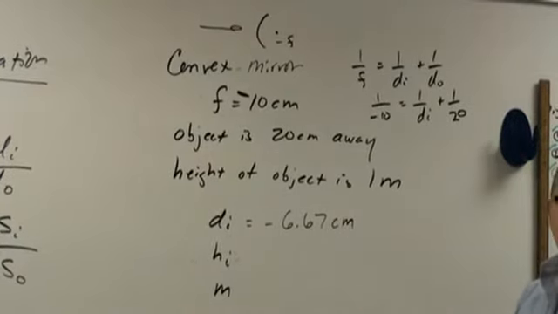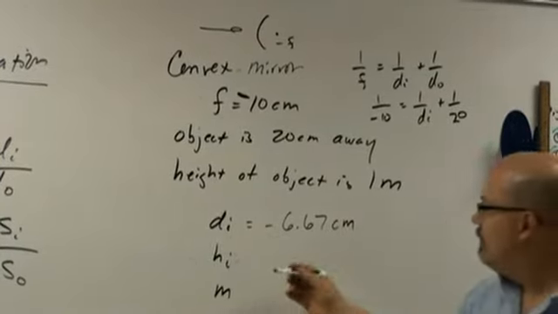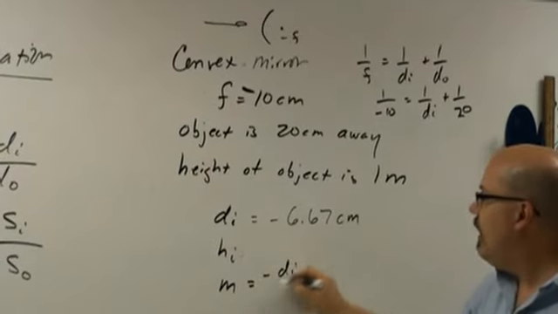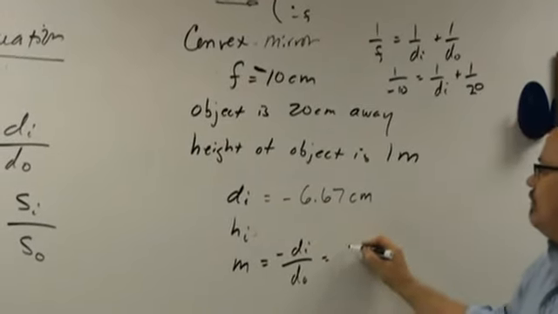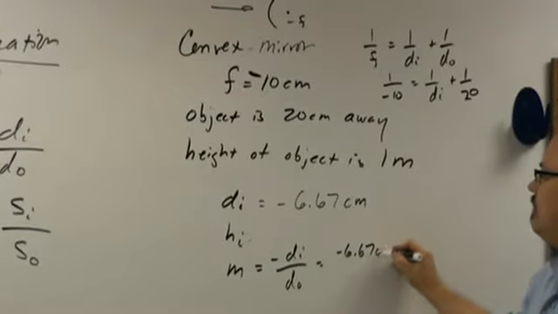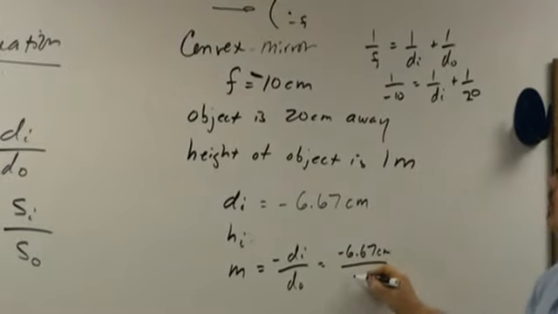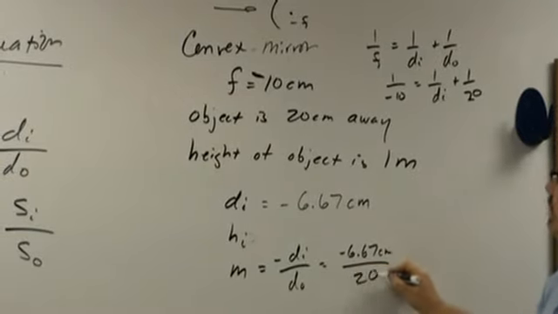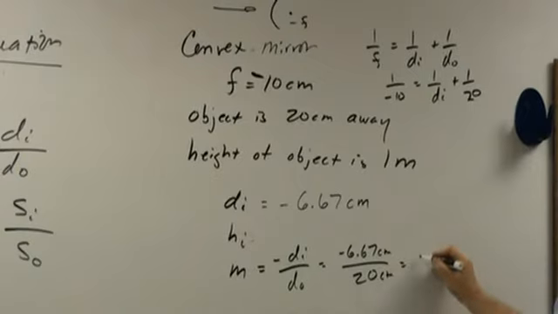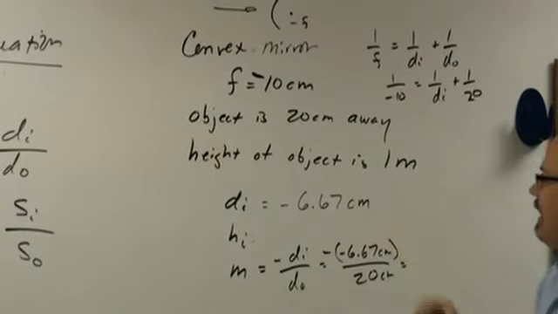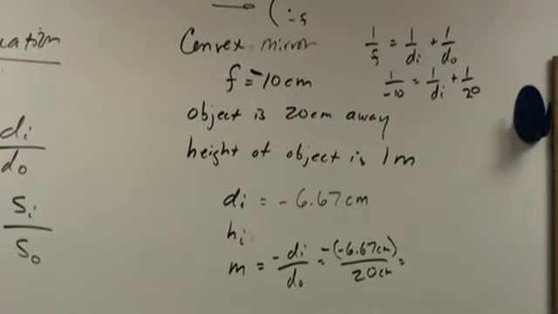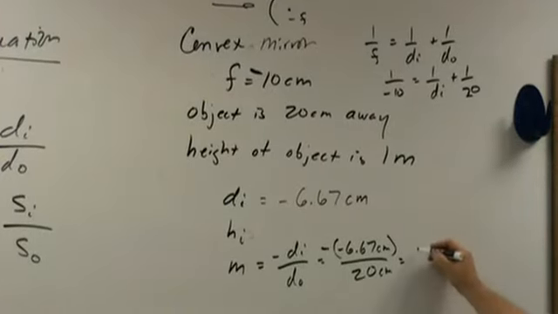Okay, so what's my magnification? Negative di over do. So negative negative 6.67 over 20. It's positive 0.33.